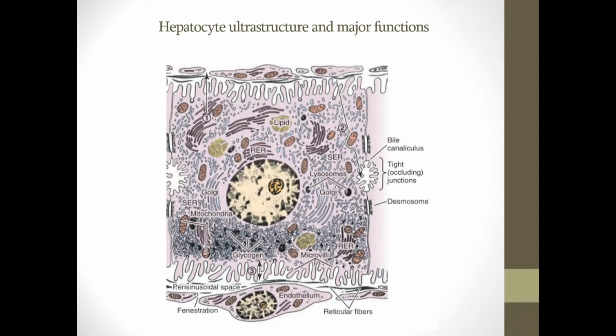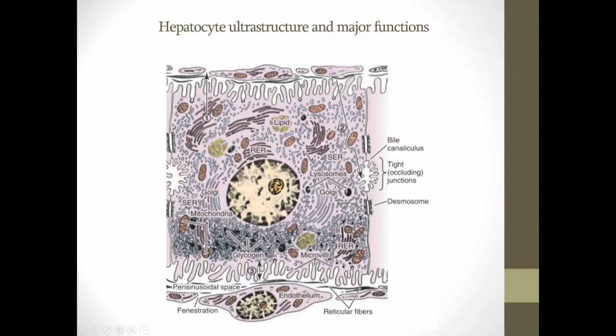So this is the ultrastructure of hepatocytes. We talked about this, but again I want to talk about it because it's more visible, as here the structures and also the functions of the liver.